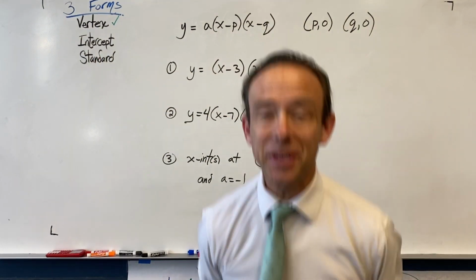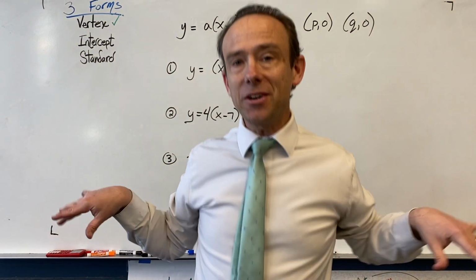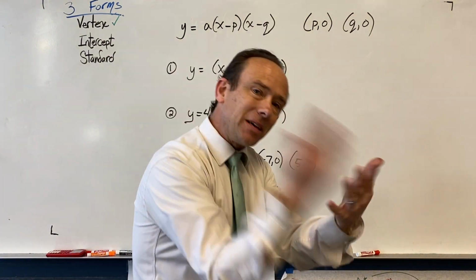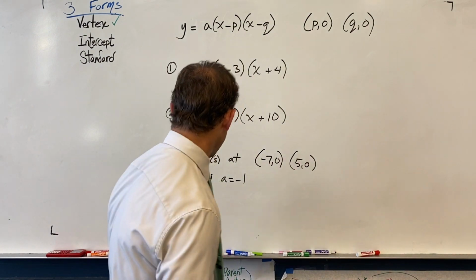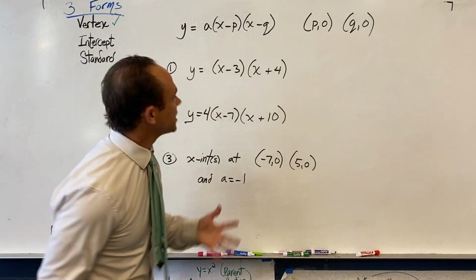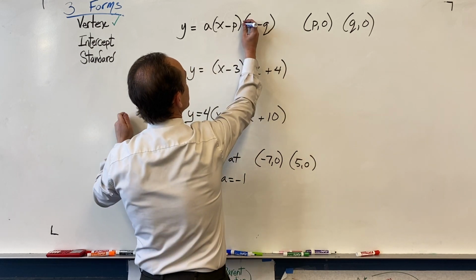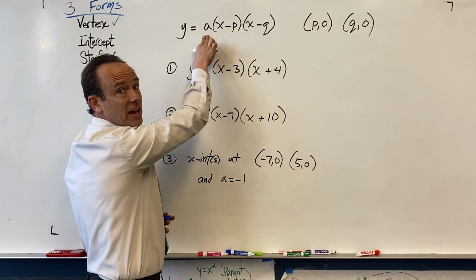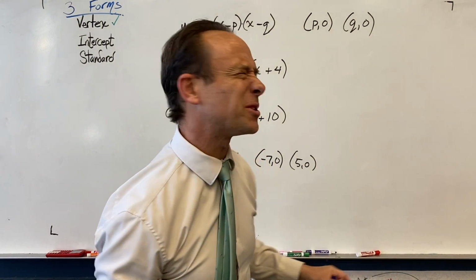All right, let's go get it. So this is going to be intercept form. The baseline with intercept form is you got to be able to look at it and kind of immediately get the x-intercepts using the structure of intercept form. So what is that structure? Well, it's a factored form. So it's a multiplication of 2 terms, and then you still have the a value functioning the same way as it's going to function in every one of these forms.